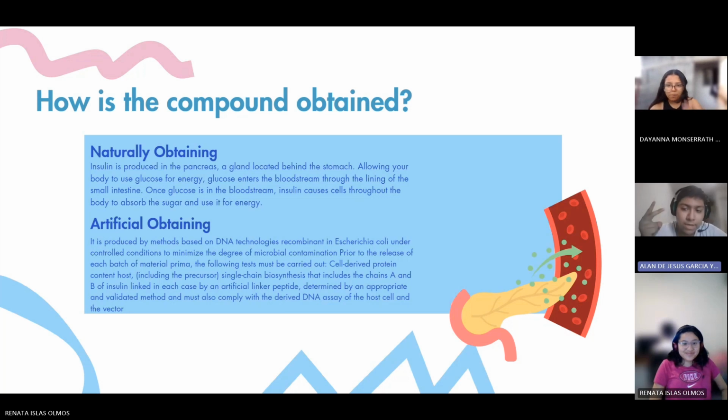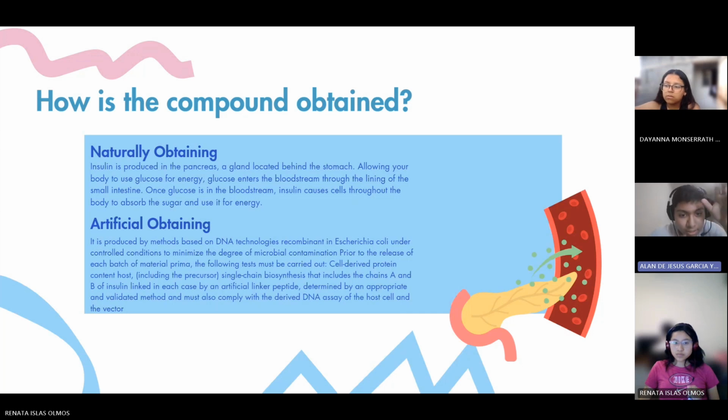The second way, artificial obtaining, is produced by methods based on DNA technologies that recombine Escherichia coli under controlled conditions to minimize the degree of microbial contamination prior to the release of each batch of bacteria. The following tests must be carried out because the cell protein must contain a host.